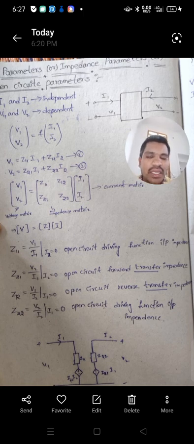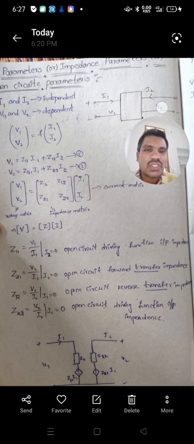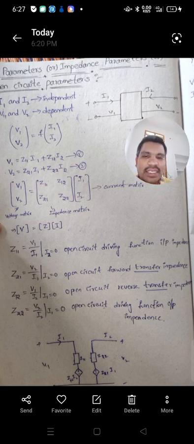For the first condition, from the KVL equations, V1 and V2 depend upon I2. I2 is the output current at the output terminals. So let us consider I2 is equal to 0.